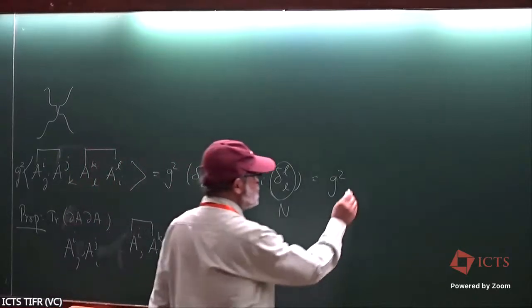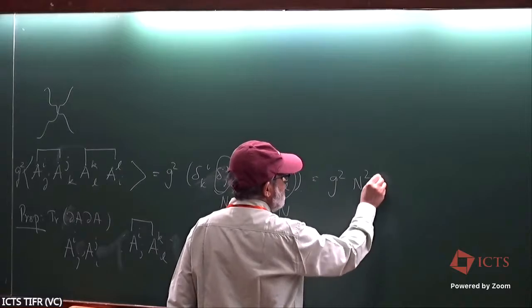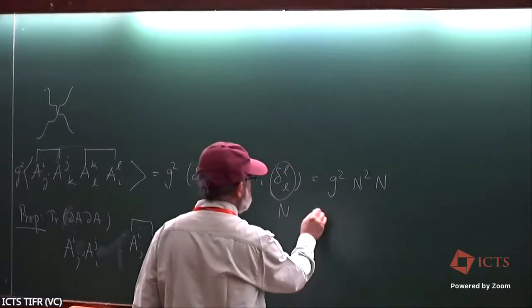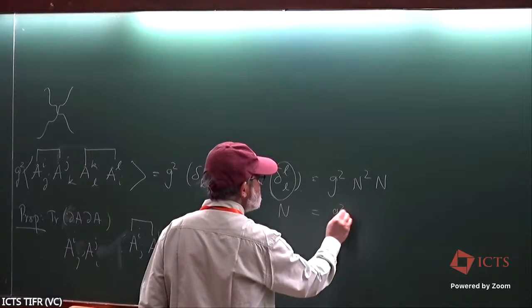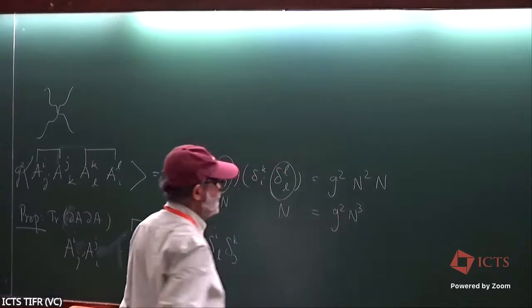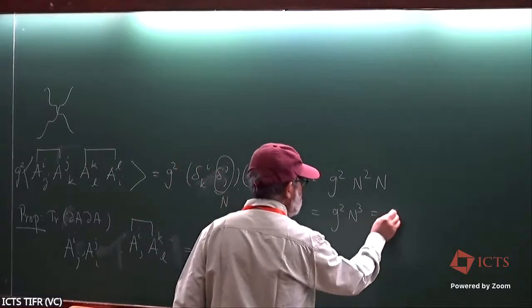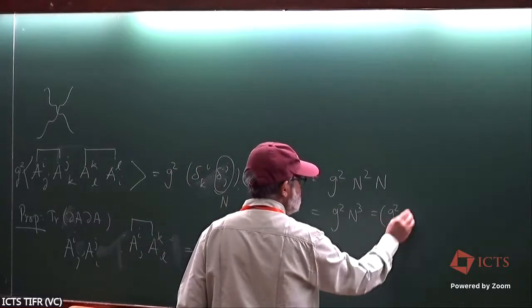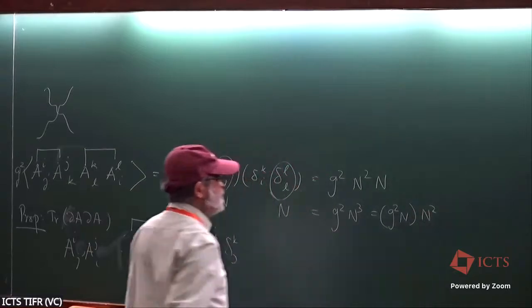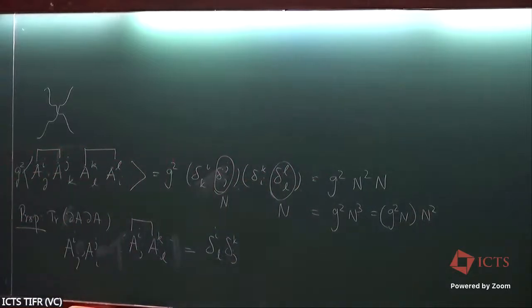So that's N square times delta II, so that's another N. So that's G square N cube. Okay? Let me write that as G square N, suggestively, times N square. I will tell you why later on.